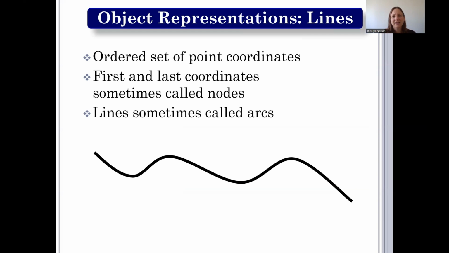Next, slightly more complicated, is when you have a bunch of points mapped together to make a line. Sometimes in the case of a line, the first and last coordinates are called the nodes, and the line is represented as an arc. Imagine you are digitally drawing a line: what's actually happening is that there are a bunch of points that are super close together that make the line.